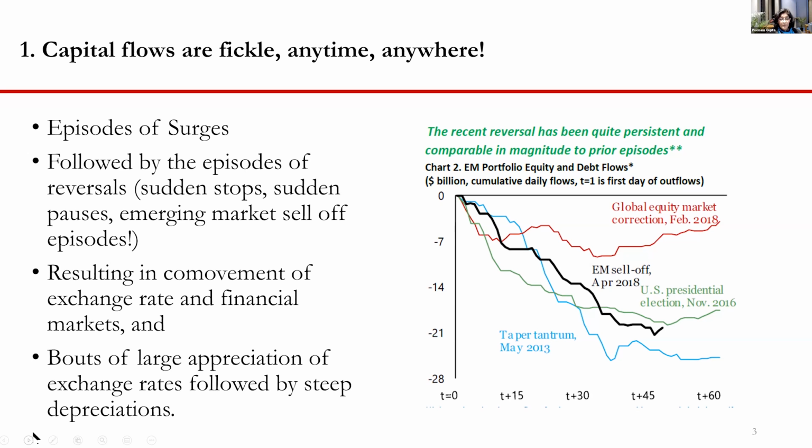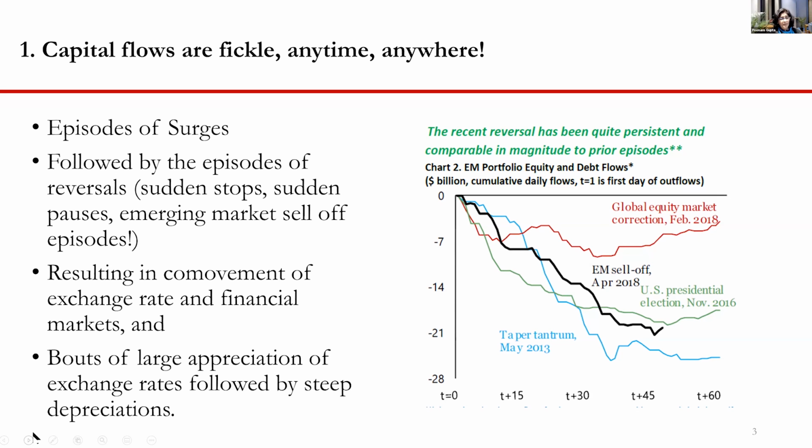And they're followed by episodes of reversals, which can be of different kinds. Earlier, we used to have sudden stops. Now we have sudden pauses, and we have emerging market sell-off episodes, the kind we had in 2013, the tapering event, but also in 2015 and 18. These emerging market sell-off episodes have become actually quite frequent.